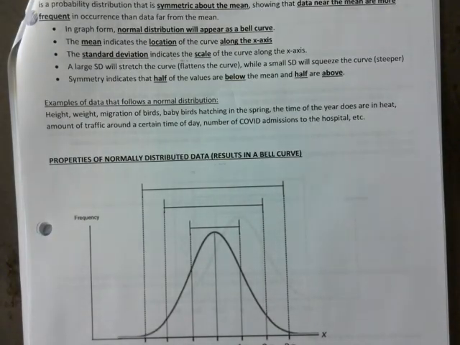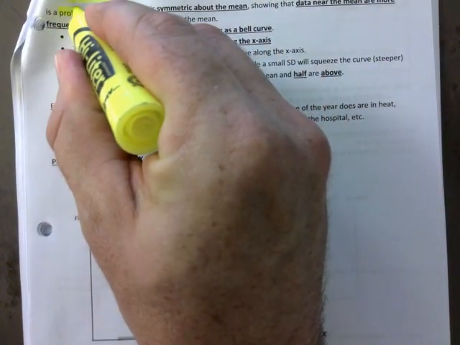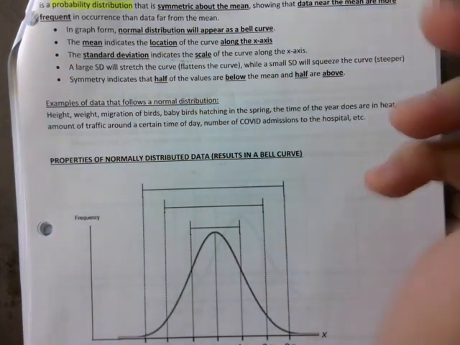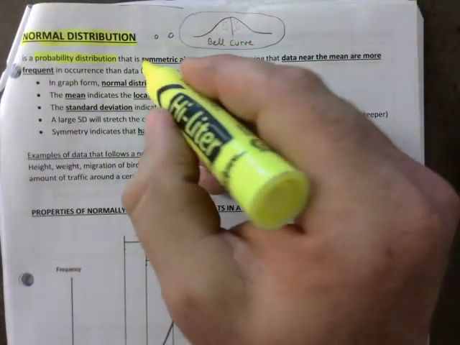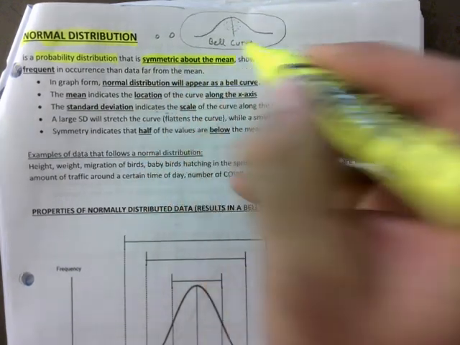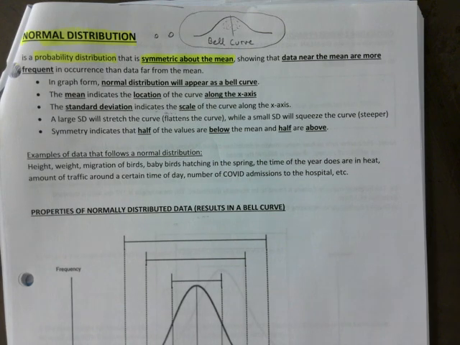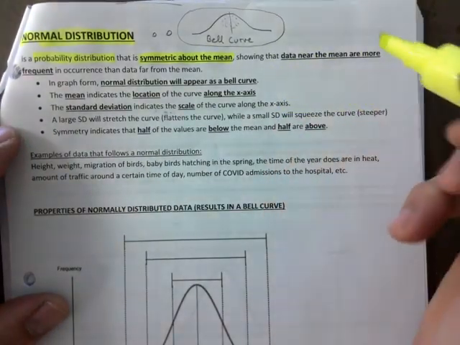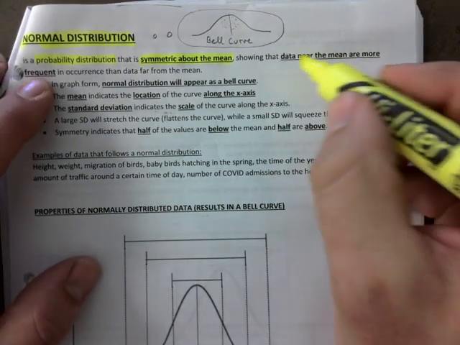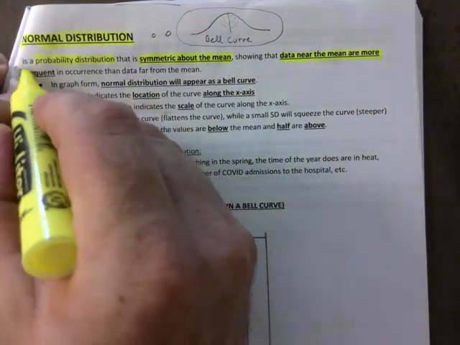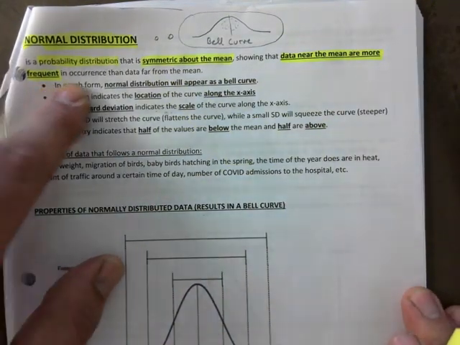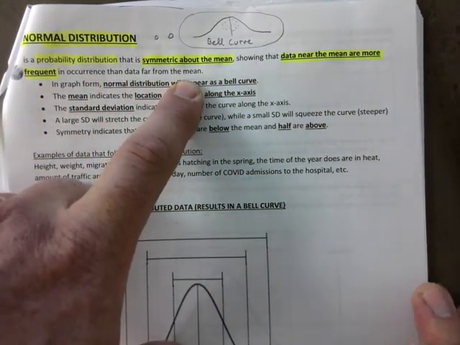I'm going to highlight a whole bunch of stuff here. So watch this. It is a probability distribution that is symmetric. There are so many key terms here, but everything is connected. You will see that after. It is symmetric about the mean, showing that data near the mean are more frequent in occurrence than data that's far from the mean.